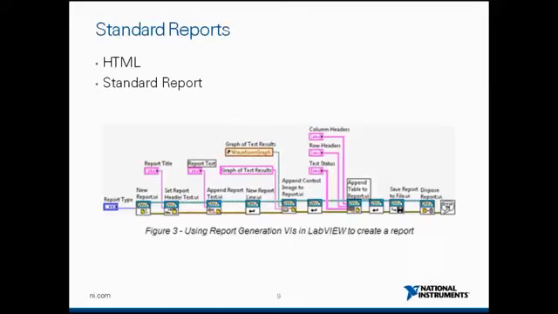So we have a simple chain of VIs using which you can set different properties within the report and have complete control over it. Just to reiterate, this particular chain is to create standard, that is ASCII, as well as HTML reports.